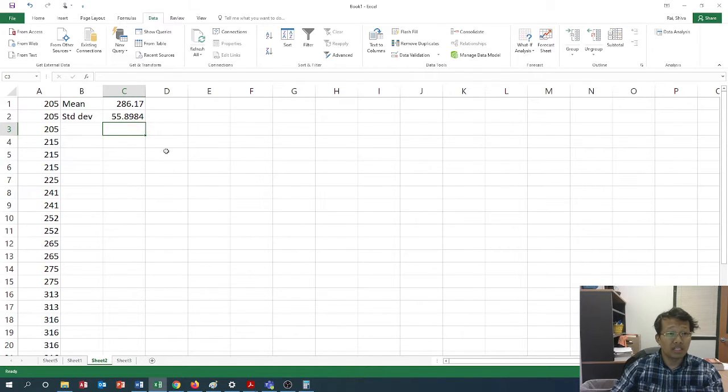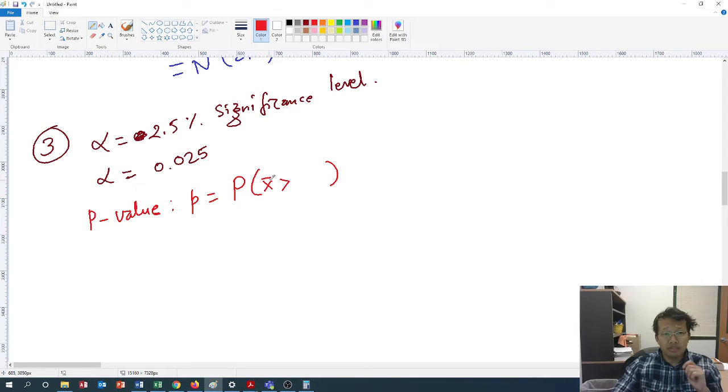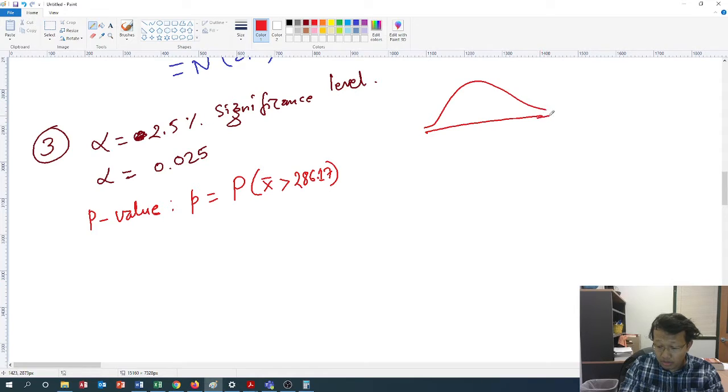So the probability of getting x bar greater than 286.17. The distribution would look something like this. This is 275, the mean, and 286.17 would be here, and we are looking for the probability of this shaded area.